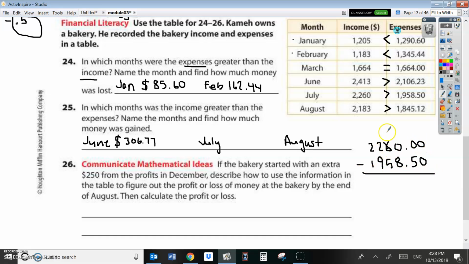Borrow from that 6, make it a 5. Make this a 10. And then a 9. And make this a 10. 0 down here. Bring your decimal straight down. 1 here. Make that a 12. 3 there. So July is 301.50.